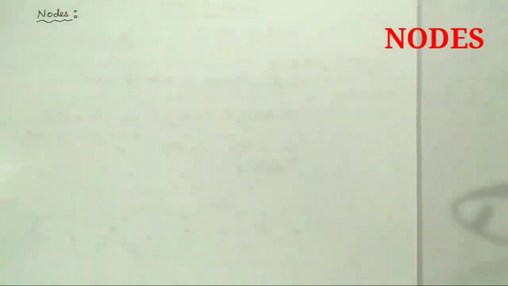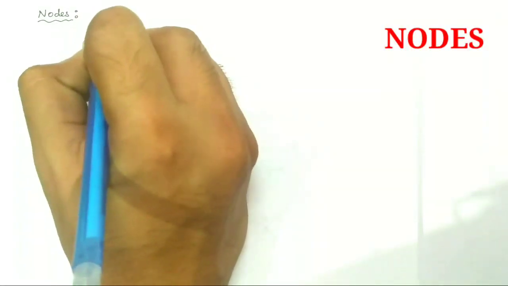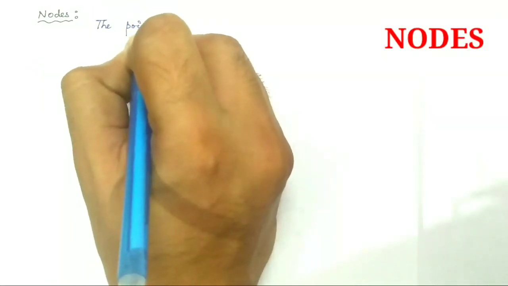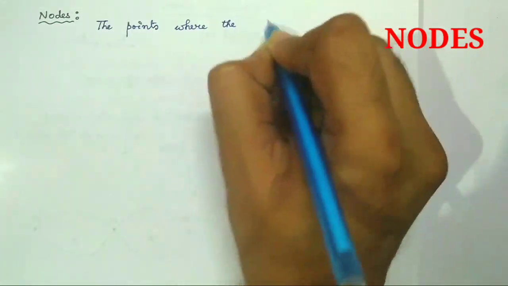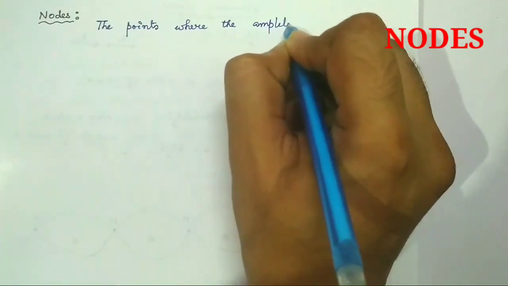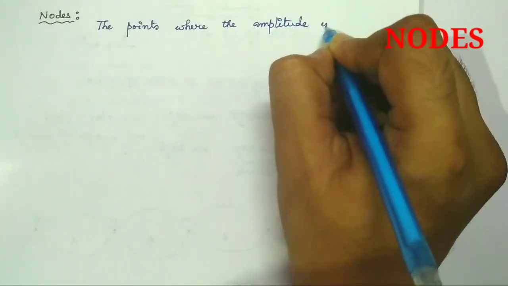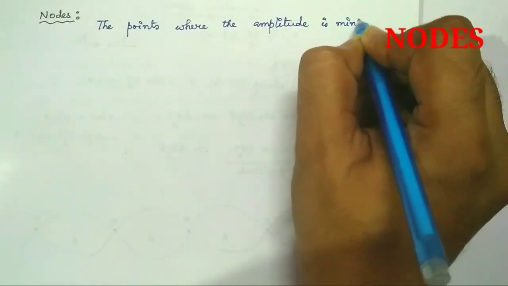We will first discuss nodes, where the nodes are situated. I have told you the definition that the nodes are those points where the amplitude is minimum.